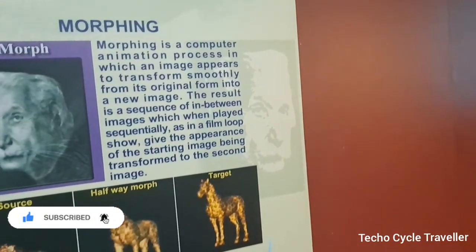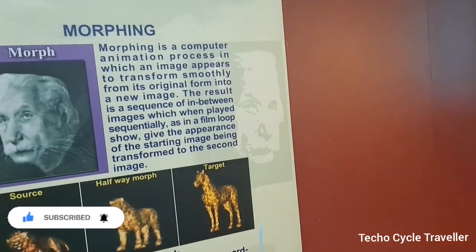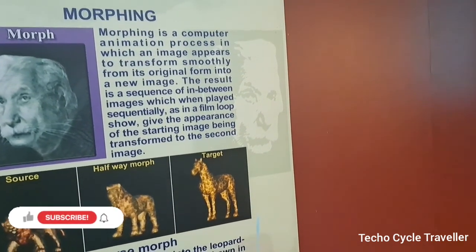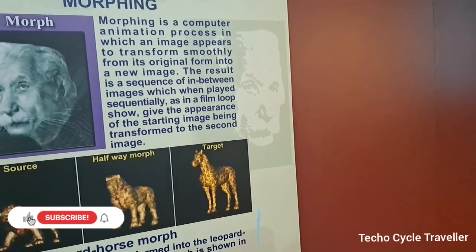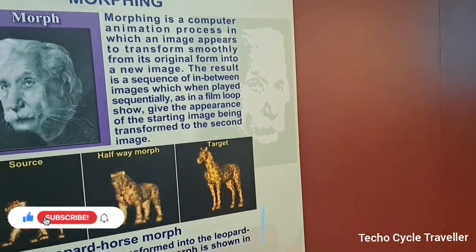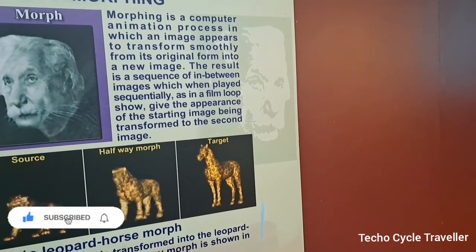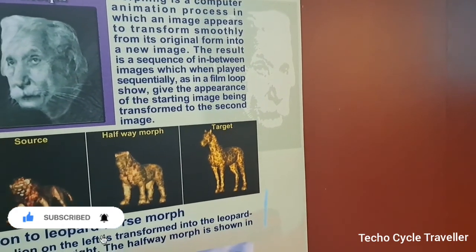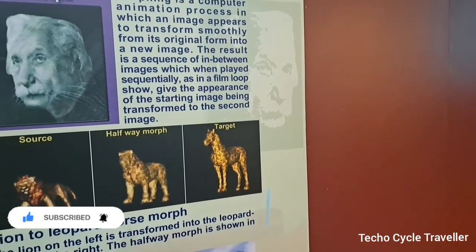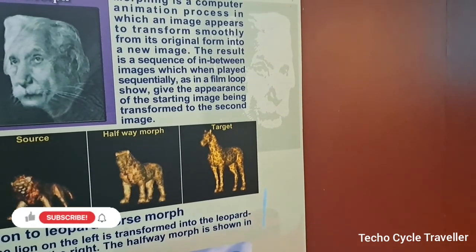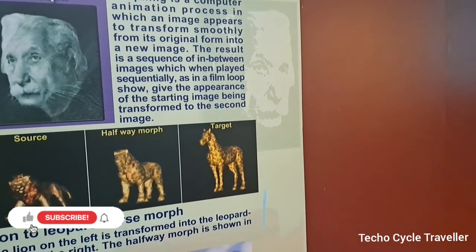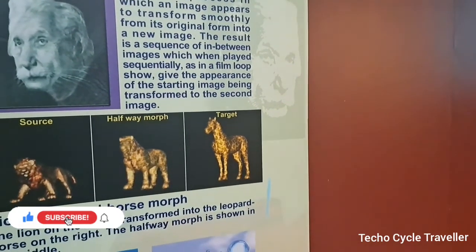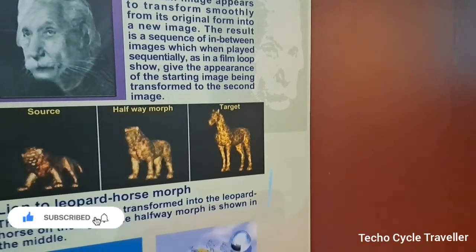Morphing. Morphing is a computer animation process in which an image appears to transform smoothly from its original form into a new image. The result is a sequence of in-between images which, when played sequentially as in a film loop, give the appearance of the starting image being transformed into the second image.